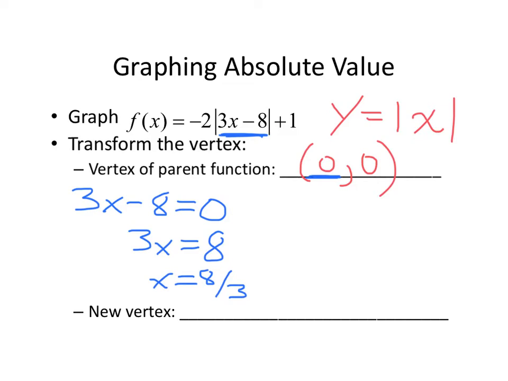Now, this makes my life a lot easier. I know that when x equals 8/3, everything inside here is going to be 0. So all I need to do is -2 times 0 plus 1, and then I'll get 1.